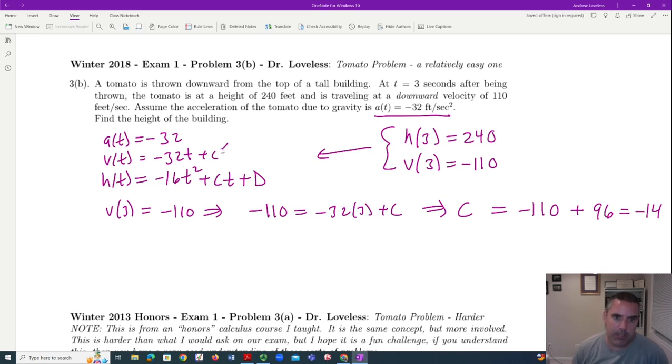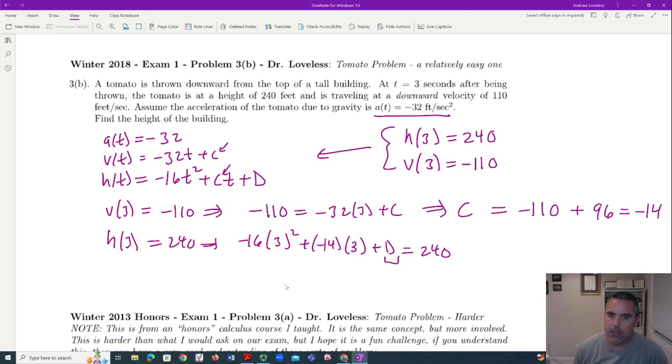Now that we know what c is, we can plug in the rest. So they told me the height is 240 at 3. So when I plug in 3 squared plus c, but c is negative 14, times 3 plus d is 240. And now we're going to solve for d.